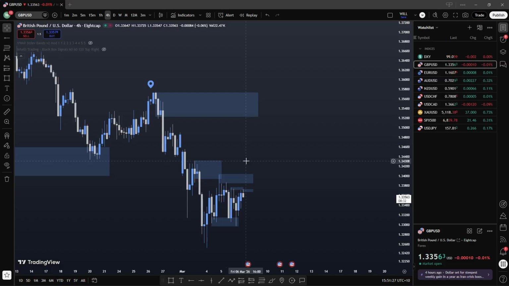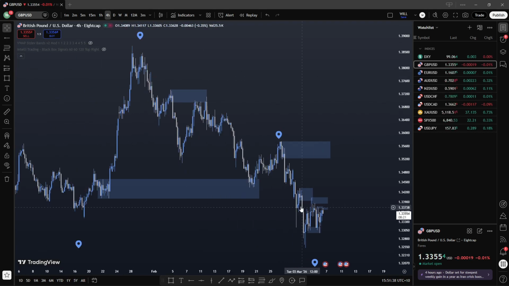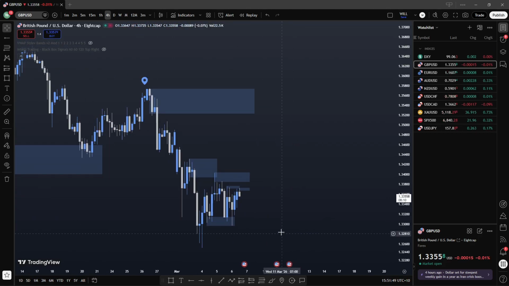On this asset, GBP USD, we've got the higher time frames contradicting the lower time frames, and we're in a bit of a scenario where on the 4 hour, price has retraced within the daily bullish range. So that's bearish, this is bullish, indicating we're retracing within this range, but we're right at the bottom now. And as you can see, what I've already noticed, looking at this time frame, we're consolidating.